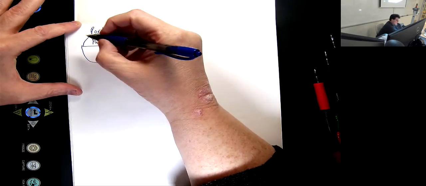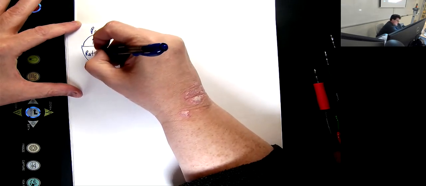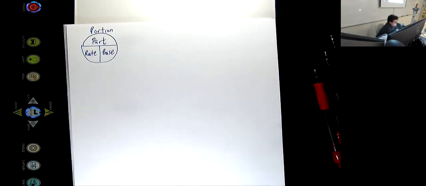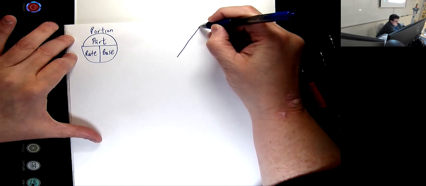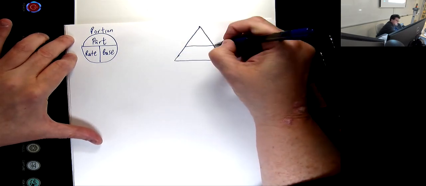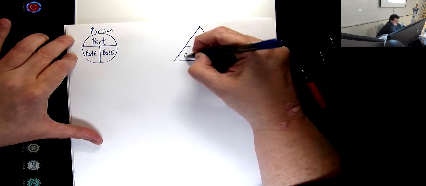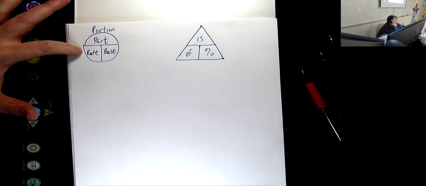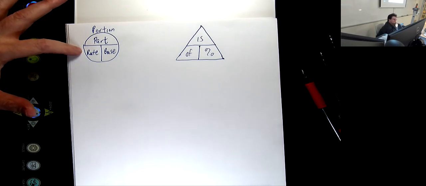I think they put rate on the left and base on the right. I learned this as the is-of-percent triangle. But there are problems where this is more applicable or easier to use.